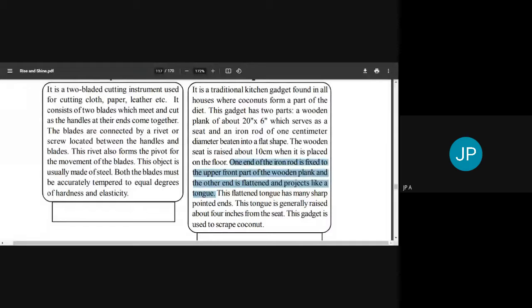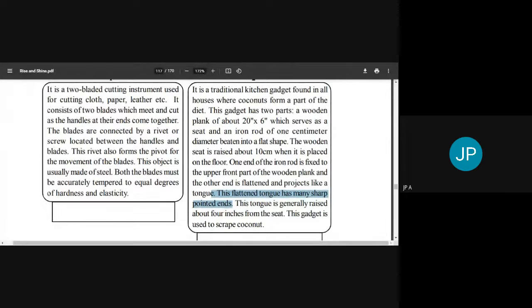So this is called the tongue of the coconut scraper. And what is the peculiarity of the tongue? That is what we call the property or nature. What is the peculiarity of that tongue? The tongue has many sharp pointed ends. That's the property or the nature of the tongue.